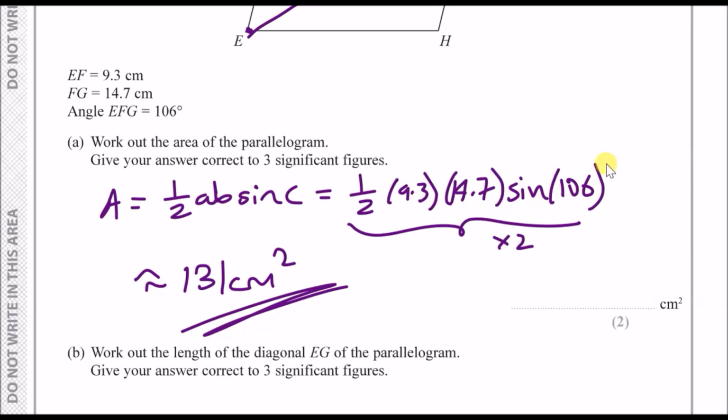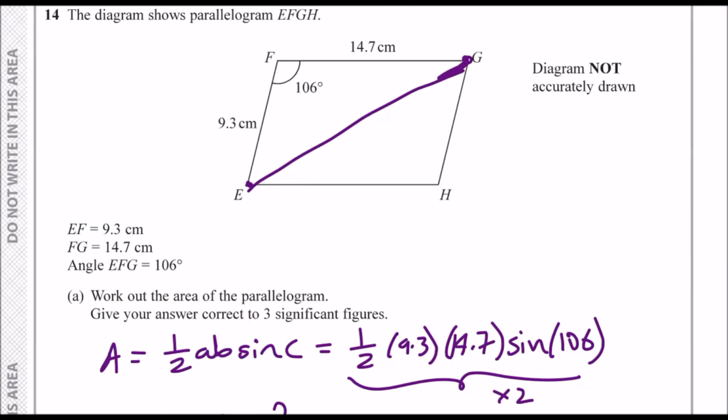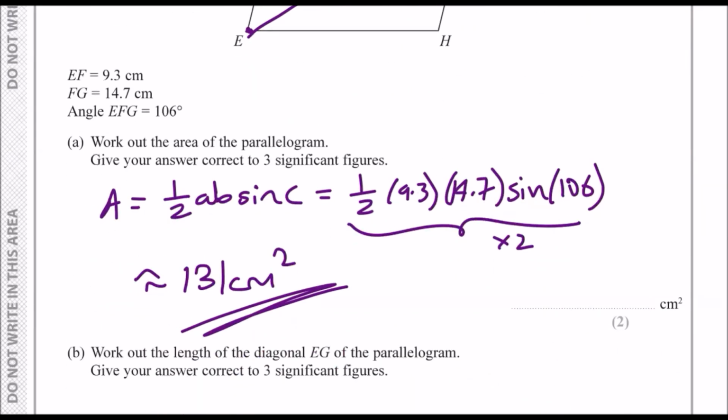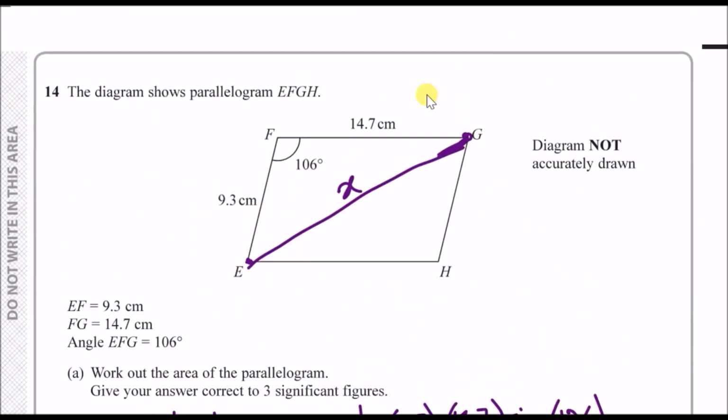And that's it. So going to B now, it says work out the length of the diagonal EG on the parallelogram. So EG is the one we just found. Let's just call this X, yeah? Give your answer correct to 3 significant figures. The same thing applies, yeah? When you've got 3 lengths and an angle, always use the cosine rule. The cosine rule itself, I believe, is given in the formula sheet.